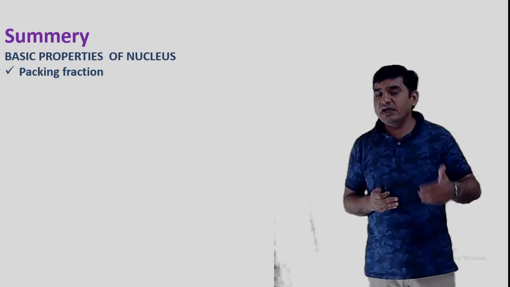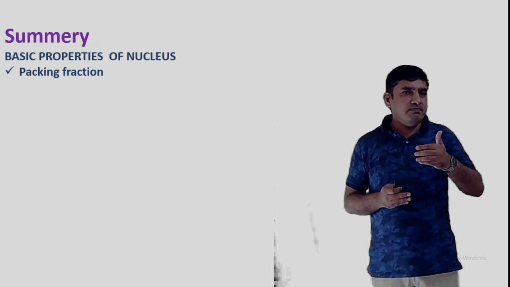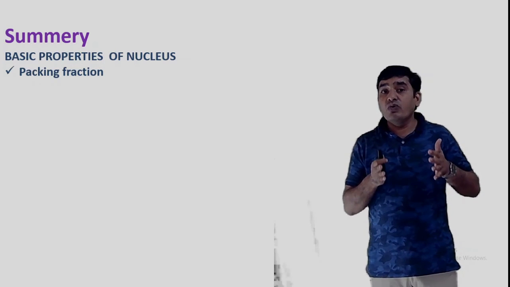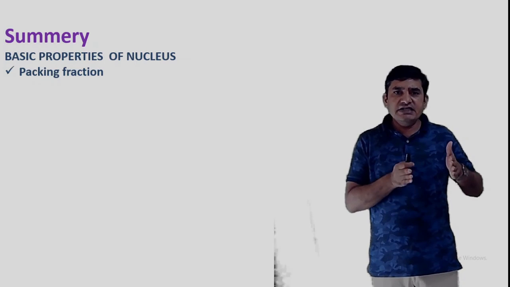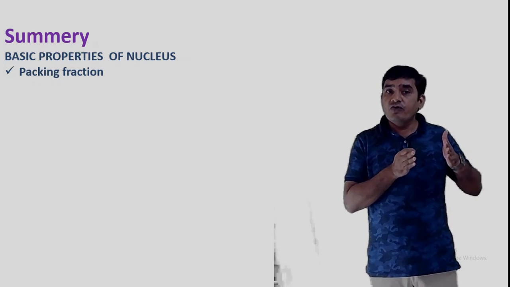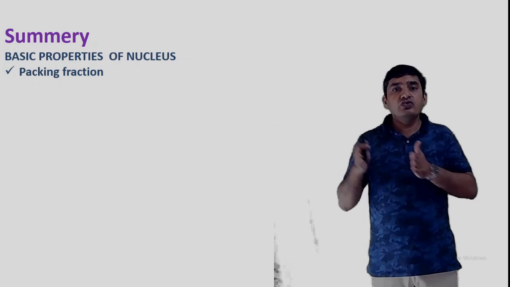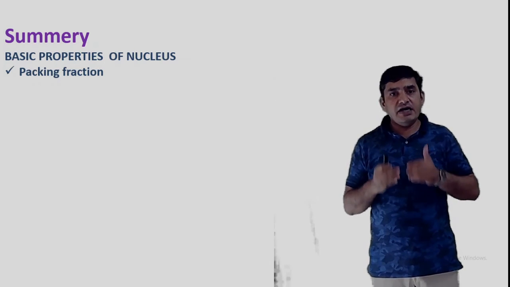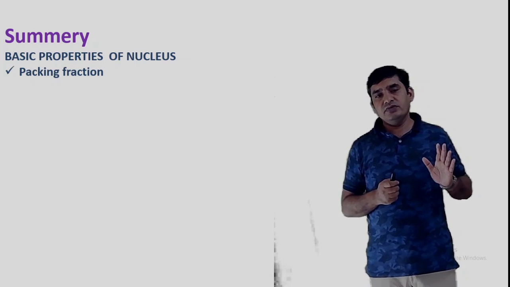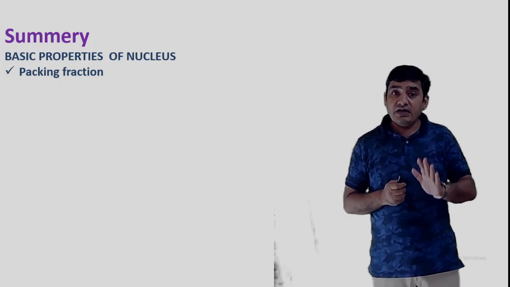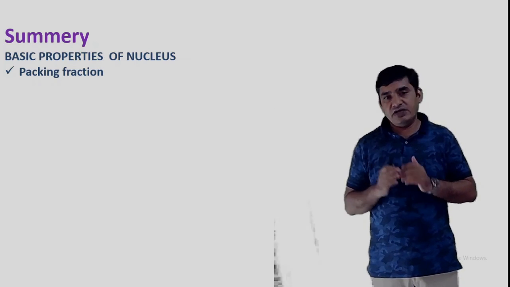It indicates that iron is more stable. So for mass numbers between 45 and 200, the packing fraction is negative. Therefore, it has stable nuclei.